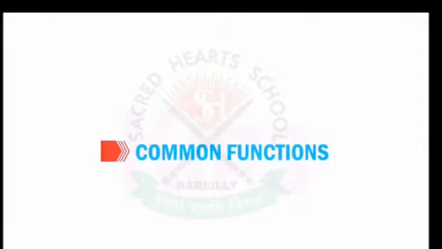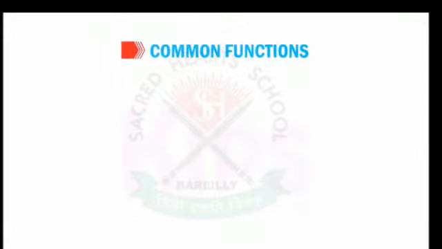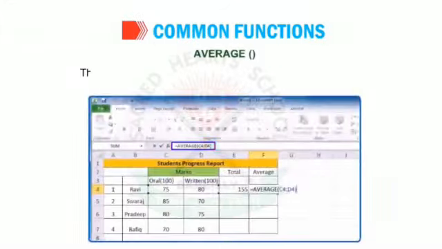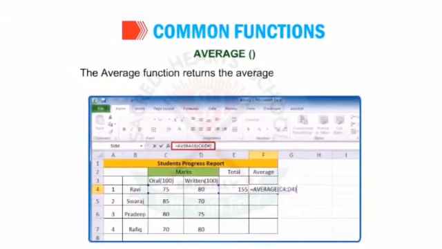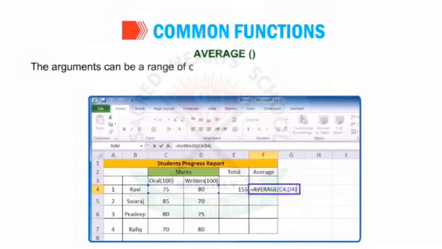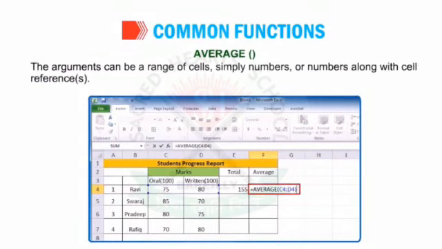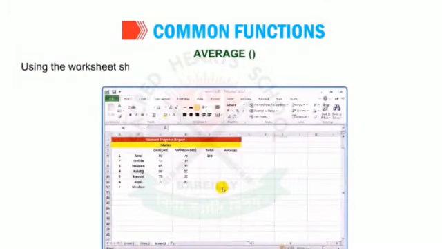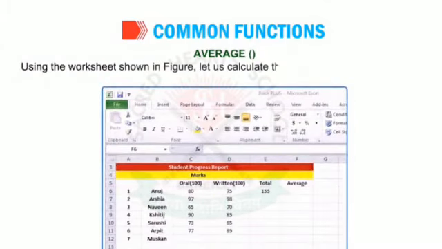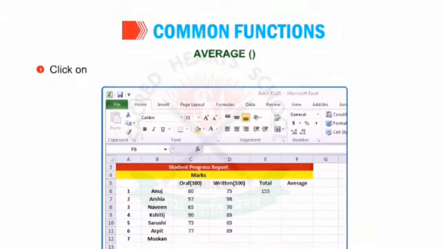Now let us talk about the common functions. Average. The average function returns the average of the range values. The arguments can be a range of cells, simply numbers, or numbers along with cell references. Using the worksheet shown in the figure, let us calculate the average of marks obtained by Anuj. Click on the cell where you want to place the average of values.